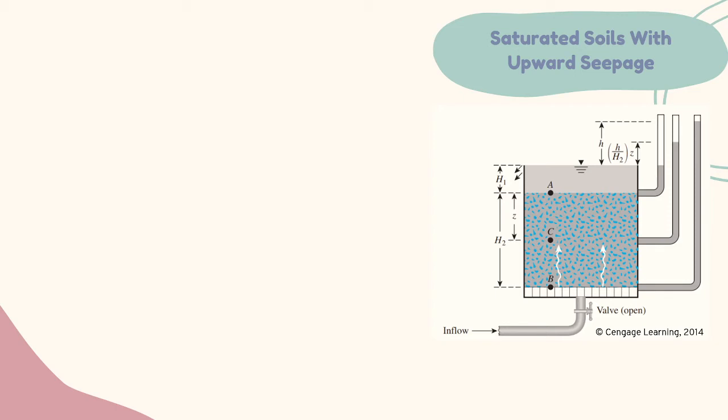So let's get the three stresses at point A. So at point A, our total stress sigma sub A is equal to simply the unit weight of water times H sub 1.